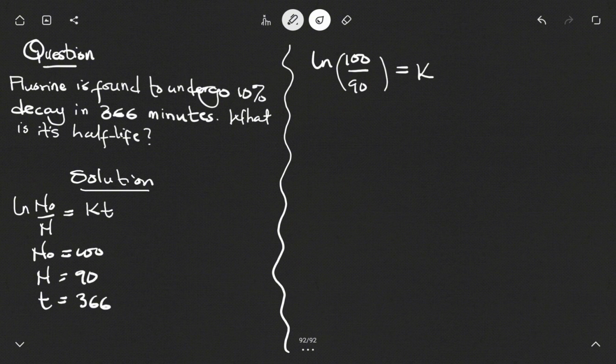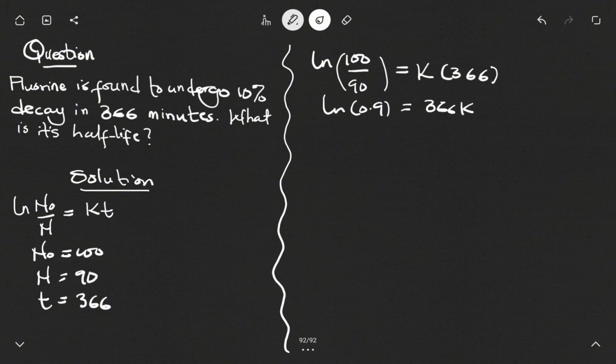So we have the k, and the t is what? 366. All right, so if we take the ln of 100 over 90, that is ln of 0.9, and this will be what? 366k.